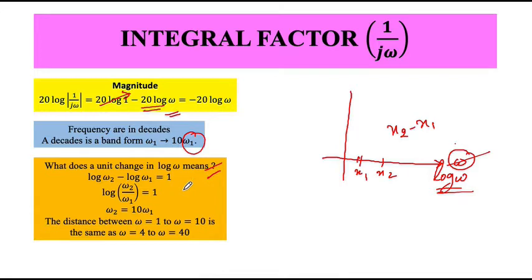Again, if we draw a standard xy plane and talk of distance and time, this is my distance versus time graph. One unit change would be 1 second or 1 minute. That is what we write here: time in second, distance in meter, and so on. So what does a unit change in log omega mean?